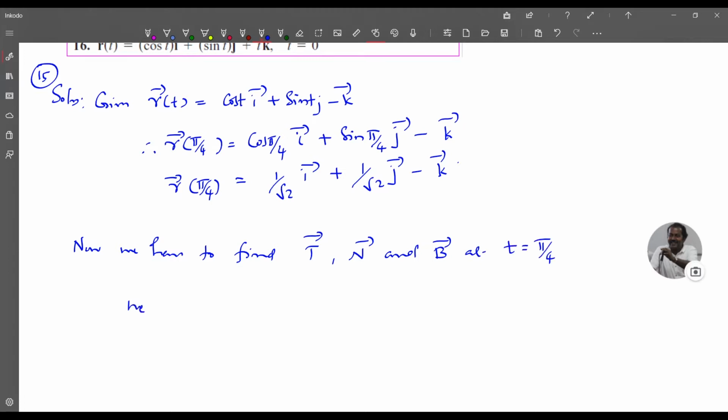We have vector t equal to v by modulus of v, and we have v is equal to dr by dt, that is equal to minus sin t i plus cos t j minus 0k.